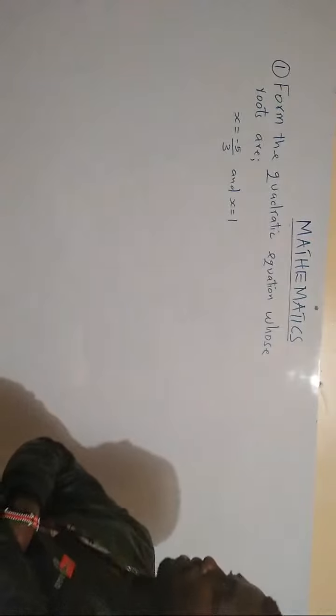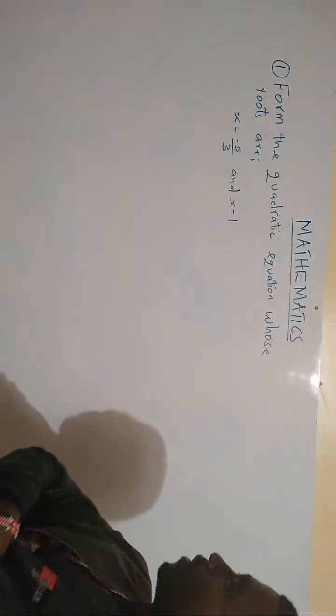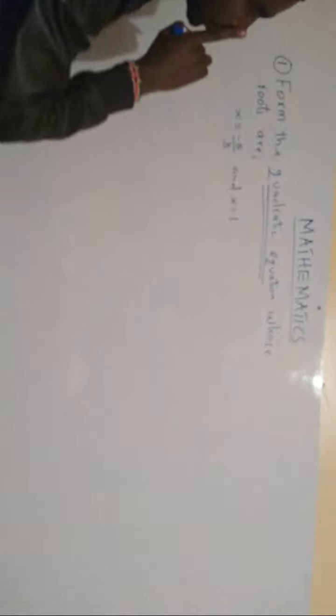So form the quadratic equation whose roots are x is equal to -5/3 and x is equal to 1. So we are supposed to form a quadratic equation. So we need to understand the meaning of the quadratic equation.